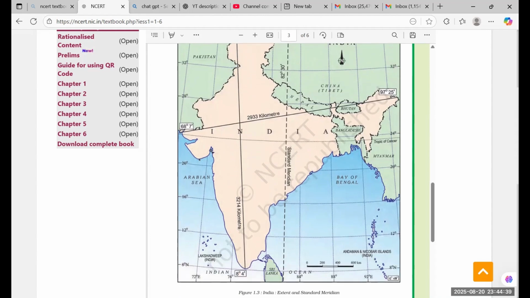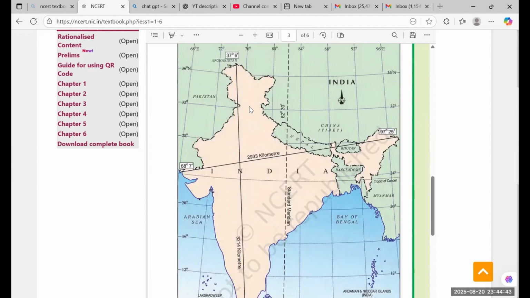If you check the distance between 8°4' to 37°, the distance again comes out to be 29 degrees. So we can round it up to 30 degrees. In terms of distance in degrees, it comes out to be the same.